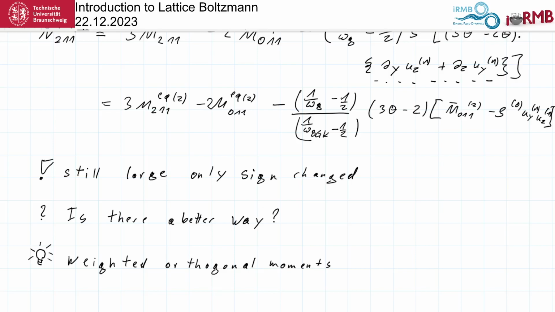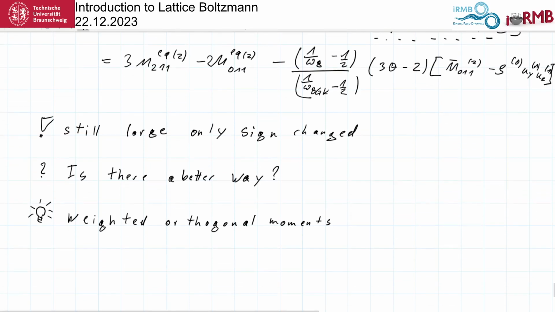Now the problem that we had here is that by making it orthogonal, the dependency didn't disappear. Let's see whether we are able to make the dependency disappear and introduce a new weighted orthogonal moment that we call n, now small n, 2, 1, 1, and we define this as m 2, 1, 1.